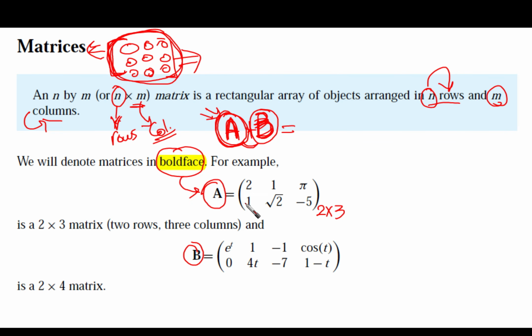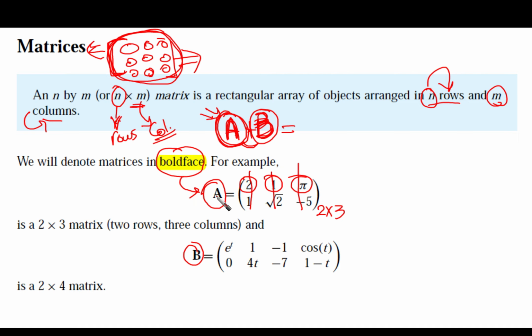In each row, there is a set of numbers provided: 2, 1, and pi. Here it is 1, radical 2, minus 5. So a set of numbers is arranged in each row, and if you take it from the column point of view, each column also has a set of numbers.